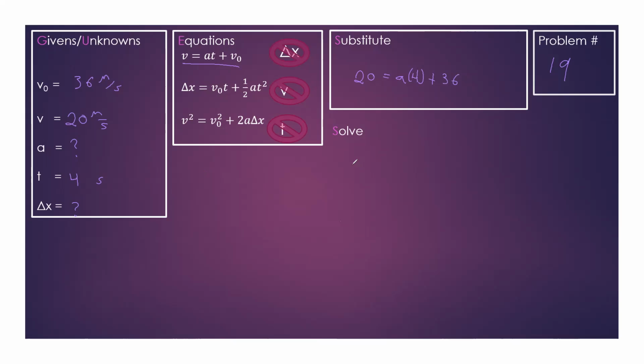I'm going to go ahead and subtract over the 36. So 20 minus 36 gives me negative 16. A times 4, divide both sides by the 4, and I get an acceleration of negative 4 meters per second squared.